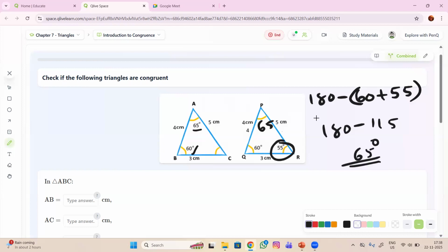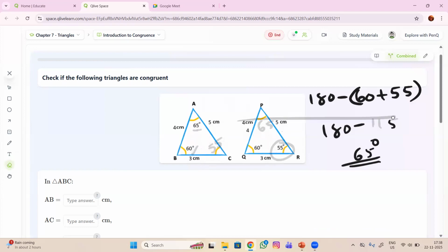So this angle also becomes 55. Looking into these two triangles, they are the same in length of sides, and also the angles are equal. So we can say that these two triangles are congruent to each other, and we write this answer here.